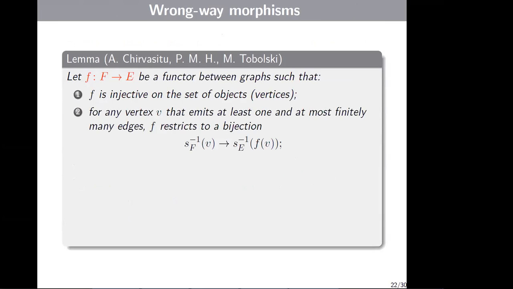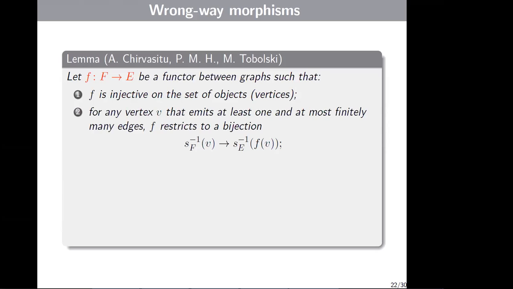So I have a regular vertex, it emits non-zero finitely many edges. I map this vertex to another vertex. It also emits some edges. And every edge emitted at v must be mapped into an edge emitted at F of v. This is part of the definition of what I mean by a functor, or a morphism between graphs.